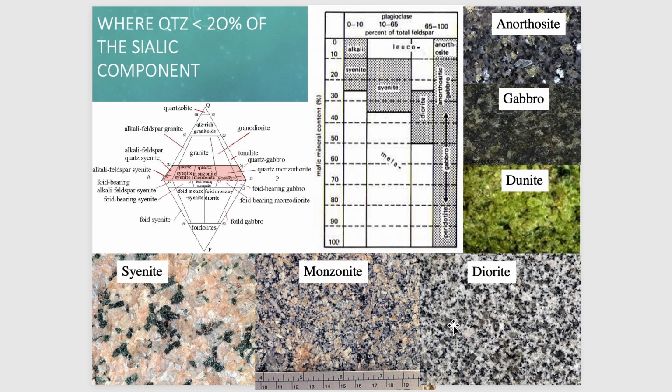Usually when the proportion of mafics exceeds the amount of felsics, you have the same composition, so plagioclase and pyroxene with amphibole.